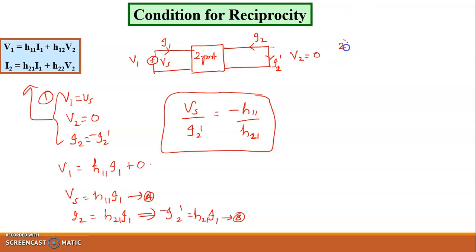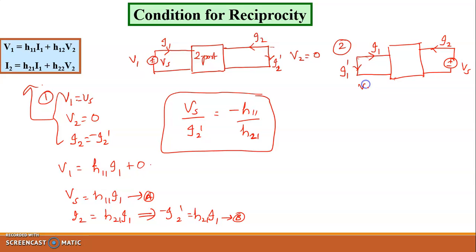Then take case 2. In case 2, I am taking the same two-port network and connecting the source at the output side. Here I have the source Vs, and the current flowing is I2, and the input side I am short circuiting. Here I have the current I1 dash, and V1 is equal to 0.